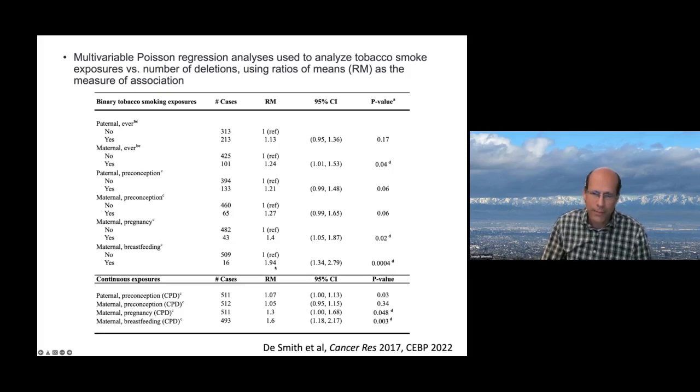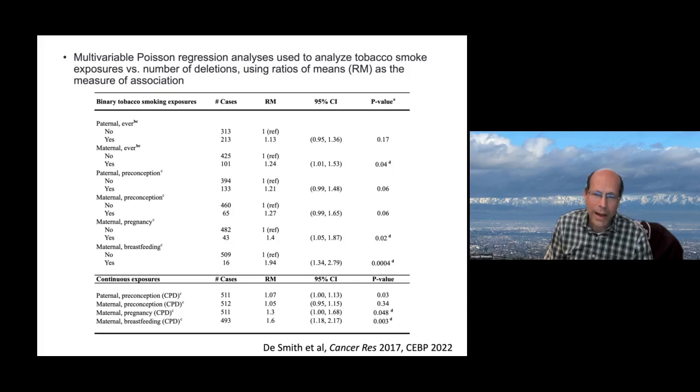There is a higher frequency of gene deletions, which really supports this hypothesis that tobacco may be involved in causing VDJ recombinase mediated deletions.